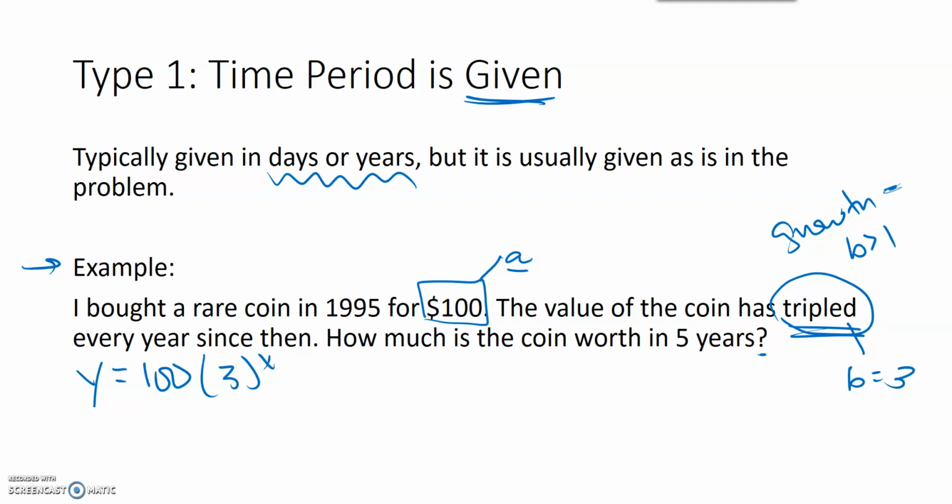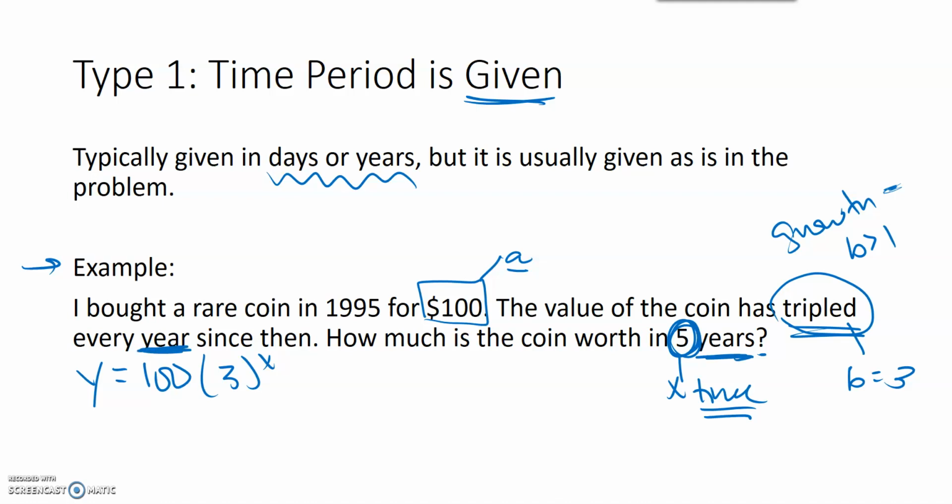Now, our third read-through, we want to identify that time period, and this is where the type 1 part makes sense. So, I bought a rare coin in 1995 for $100. The value of the coin has tripled every year since then. How much is the coin worth in 5 years? That is my time. That's going to be my x. Now, this is a type 1, and what I mean by type 1, if you see it says 5 years here, and in my problem over here it also says year.